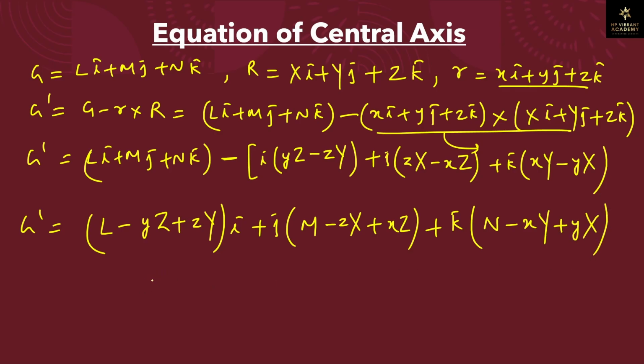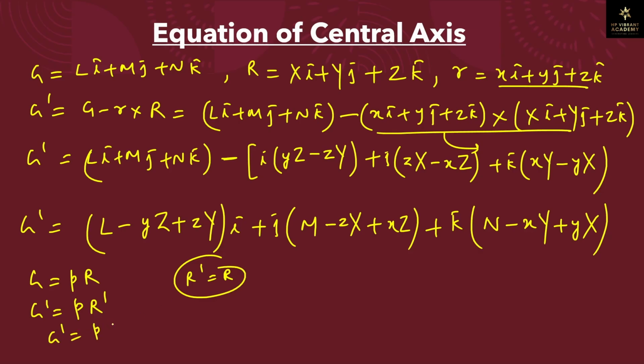We have G equal to p times R, so G dash is equal to pitch times R dash, and R dash is equal to R, so G dash is equal to pitch times capital R. So this is nothing but p times capital R. Let us further simplify this.